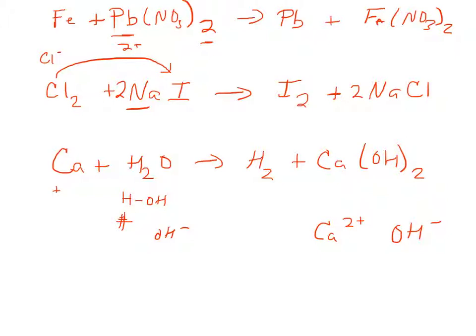Okay. Now we would have to go back and balance the equation on this. And if we take a look, we've got 4 hydrogens and 2 oxygens. So if I put a 2 there, that is going to take care of all of that. Okay.